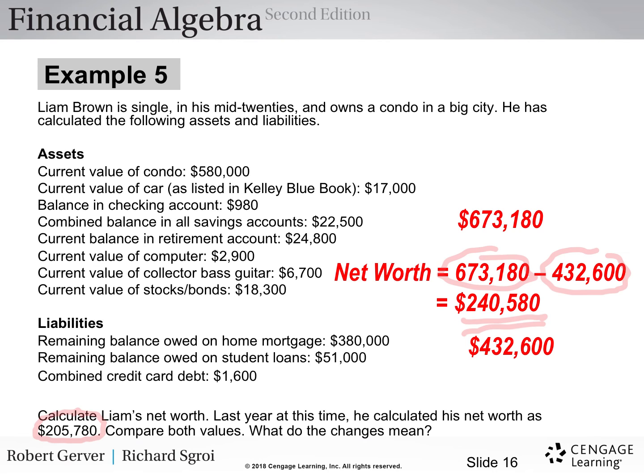Why the difference? Well, primarily because he's probably paying off his mortgage, so that liability is going down, and maybe some of the other debts that he has, he's paying down, so they're going down. So therefore, if his income or assets stay the same, that's going to increase his net worth.